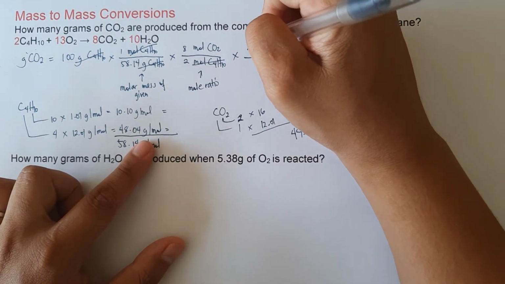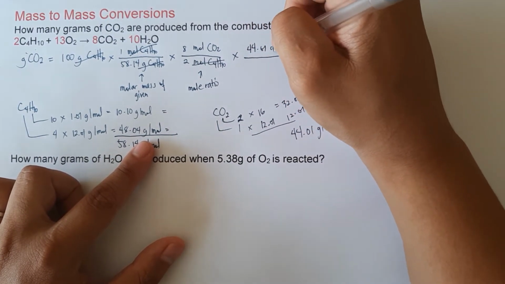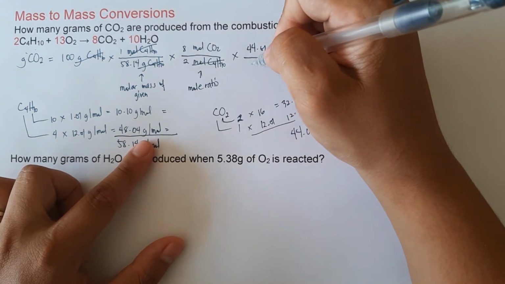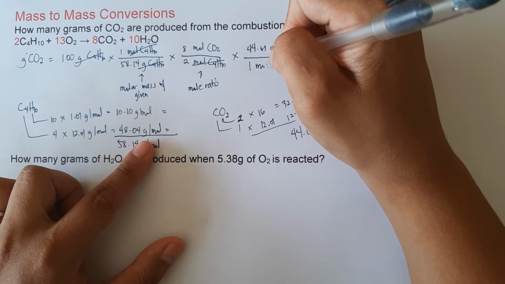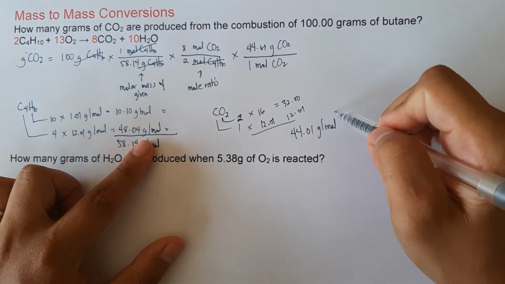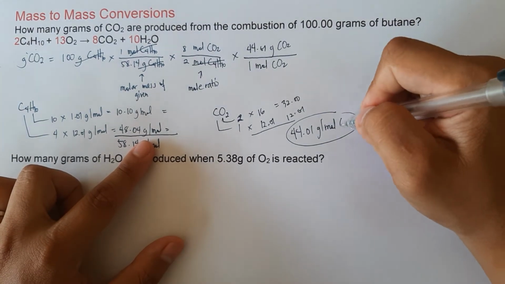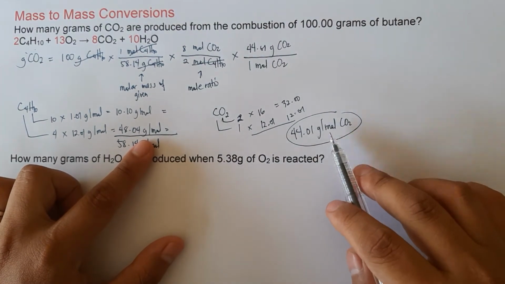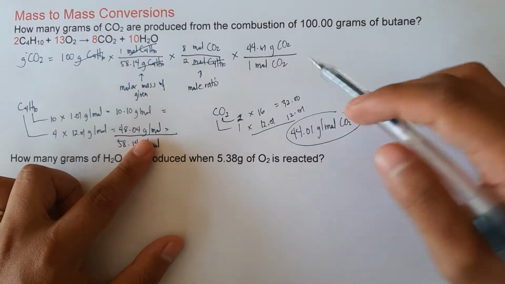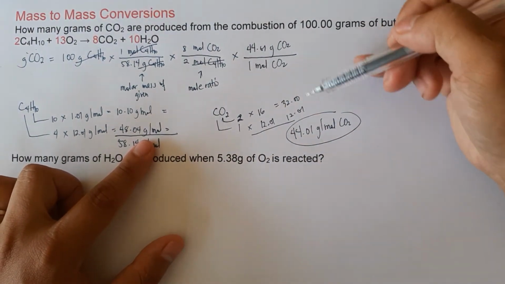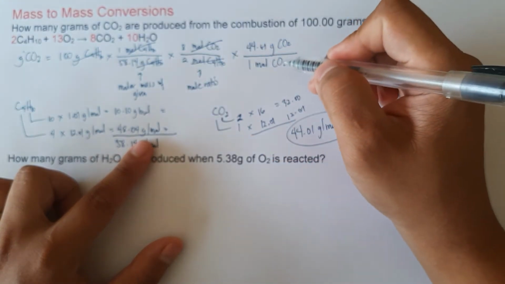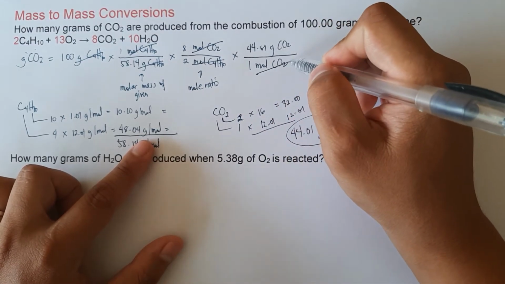So, that is 44.01 grams of CO2 over 1 mole of CO2. Saan ko kinuha ito? Ito rin po yun. Si molar mass ng carbon dioxide. In-expand ko lang. But, technically, these are just the same. Okay. So, we can now cancel the unit mole of CO2. Cancel po yung dalawang yan.